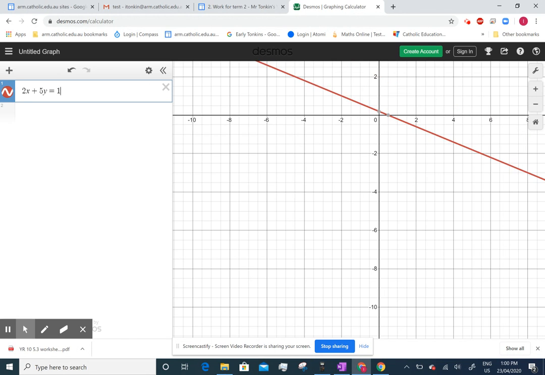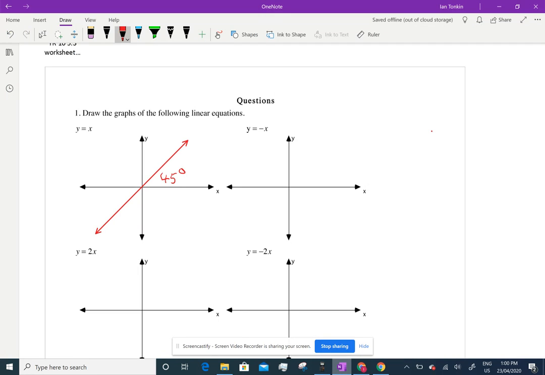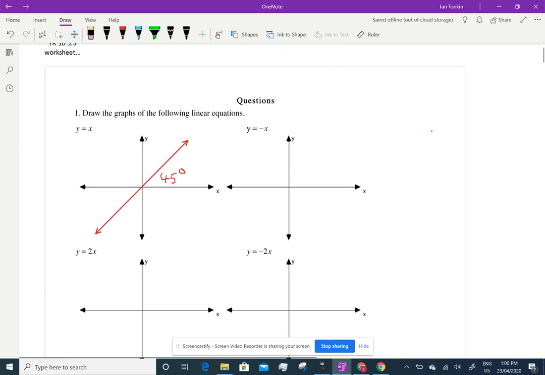So here y equals x, and there it is. And the next one we're going to do is y equals negative x. Now you should know what that looks like, right? So if we go back here, y equals negative x, again it's a straight line, but this time it's going down. It should go through 0, 0.